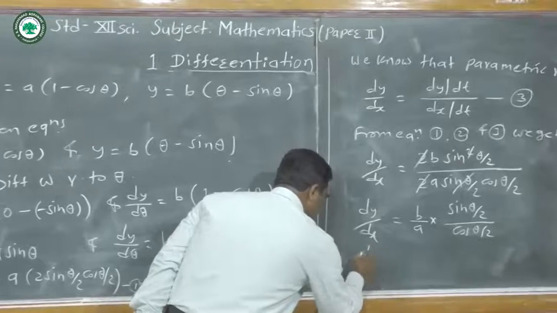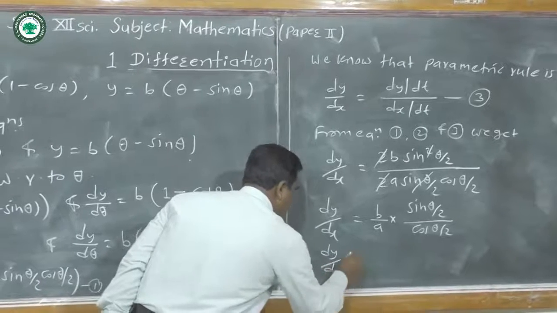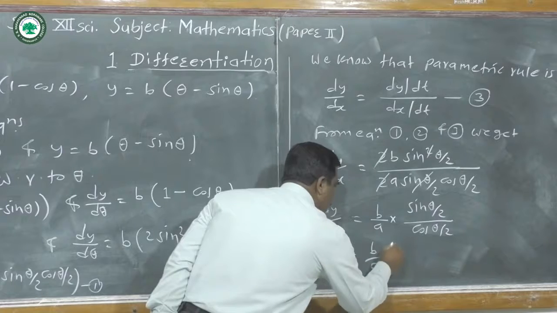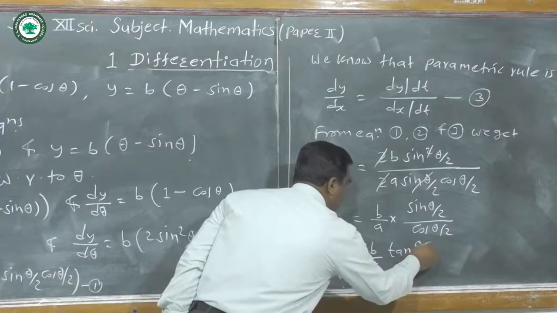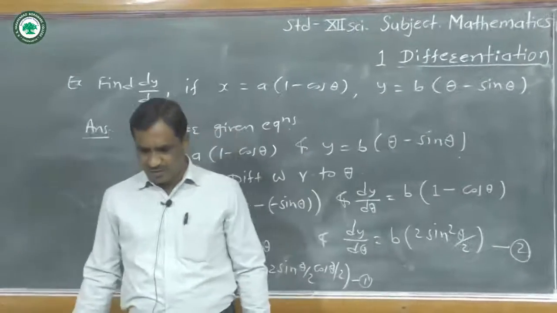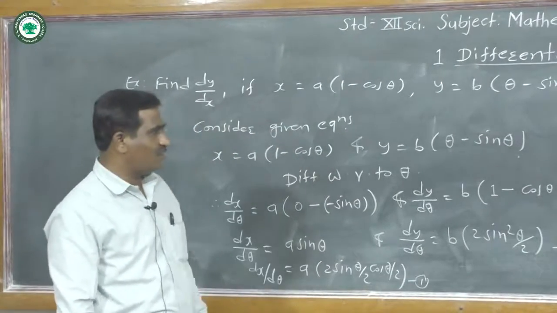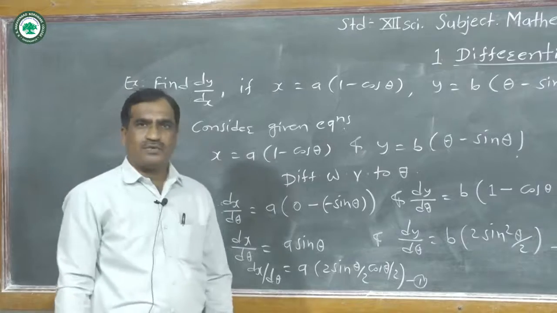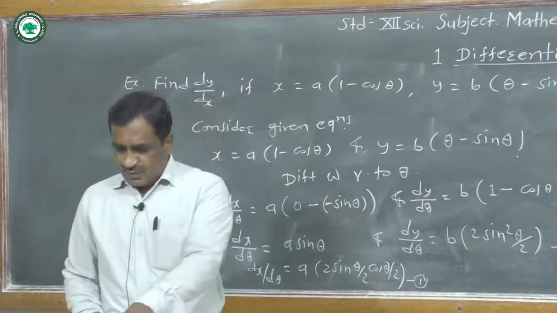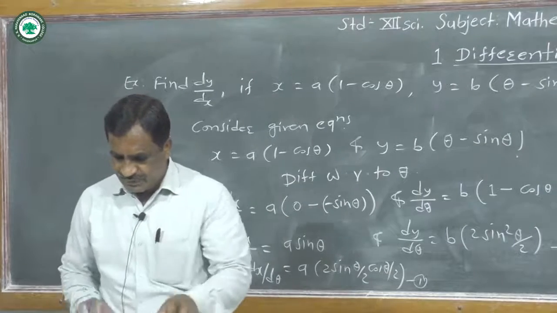Therefore we get here dy by dx is equal to b upon a into tan theta by 2. This is the derivative of given functions. Now we see one more example here, same type.